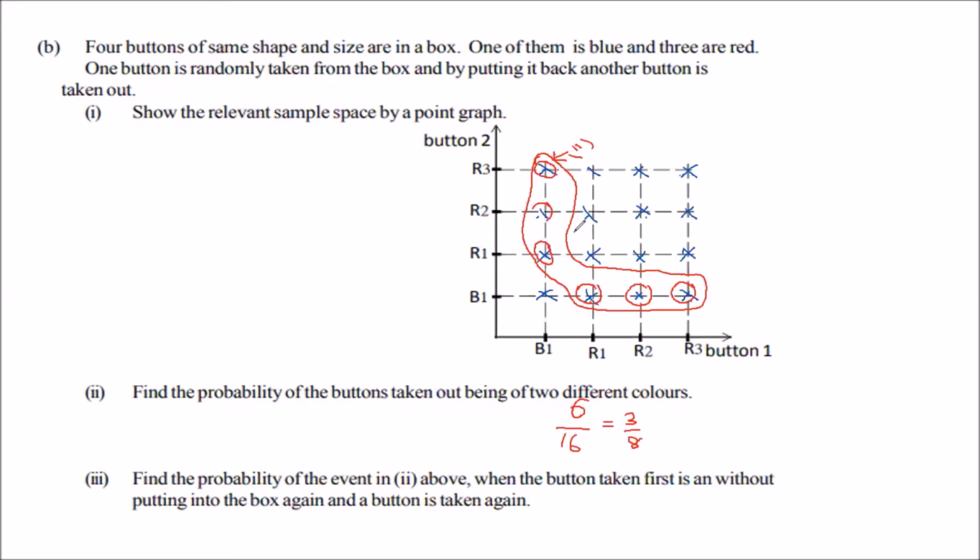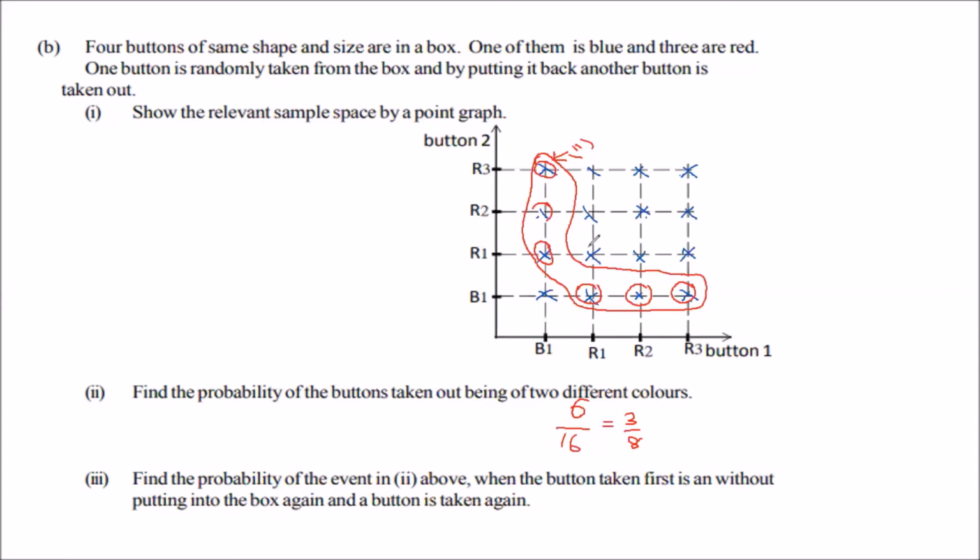Without putting it into the box again means now in the first one, if we take the first button, in the second time this button is not in the box. So B1 is not an outcome of this experiment. R1 also is not an outcome because the button is not put back into the box.